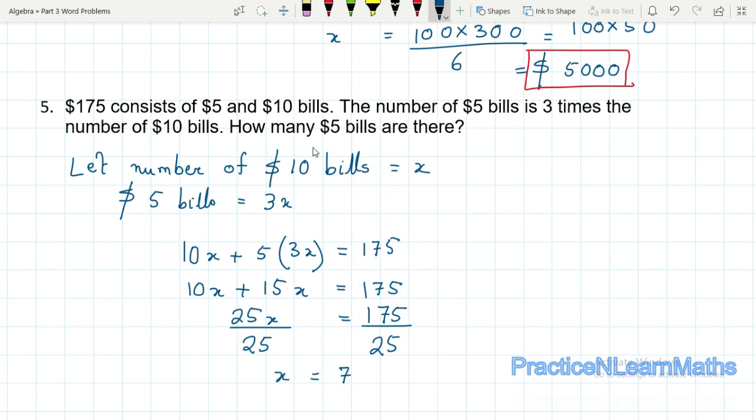But the question is how many $5 bills are there? So $5 bills are 3x, which is equal to 3 times 7 is equal to 21. And that is the answer.